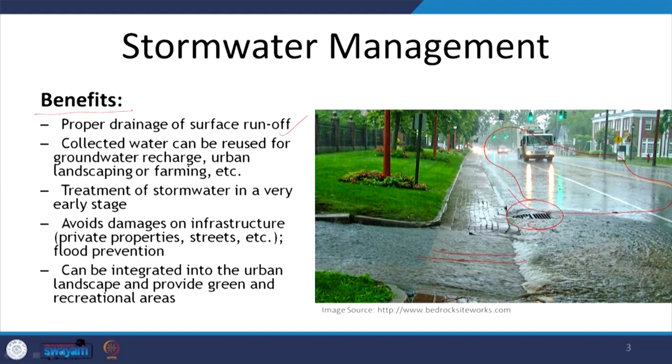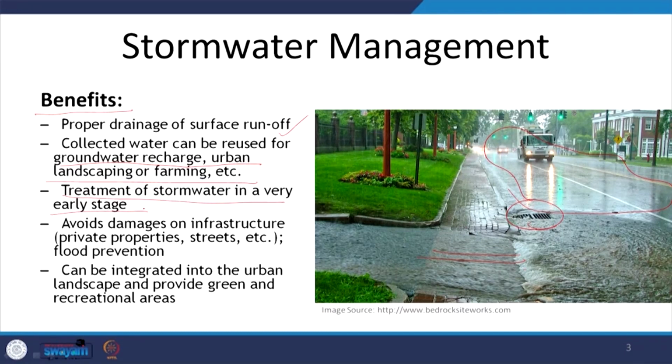There is proper drainage, which does not create problems for the day to day life in cities and urban areas largely. Then this collected water can be used for groundwater recharge or urban landscape or farming or other purposes. So, it can be further reused, while in other cases it will go unused. Then we can treat the water in very early stages.